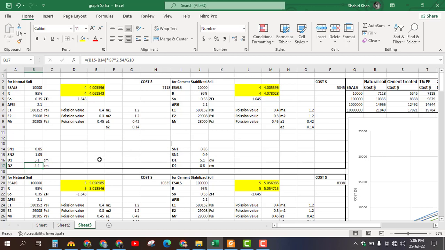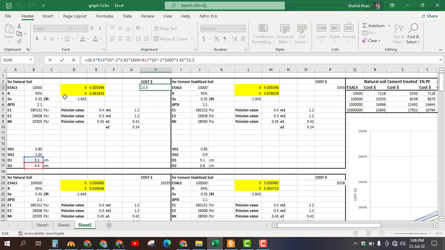So now we have thicknesses for the asphalt layer and for the granular base. Using these values in cost, the 26.5 is the asphalt rate, I mean $26.5 per cubic meter, and B16 is the thickness in centimeter here.